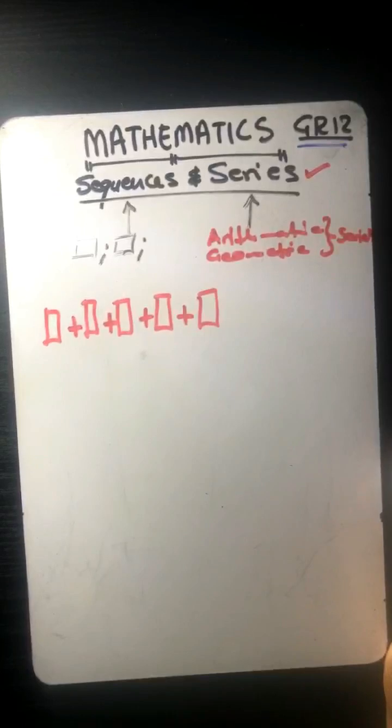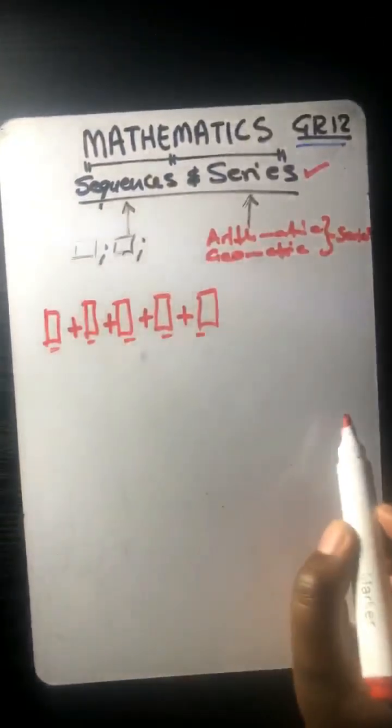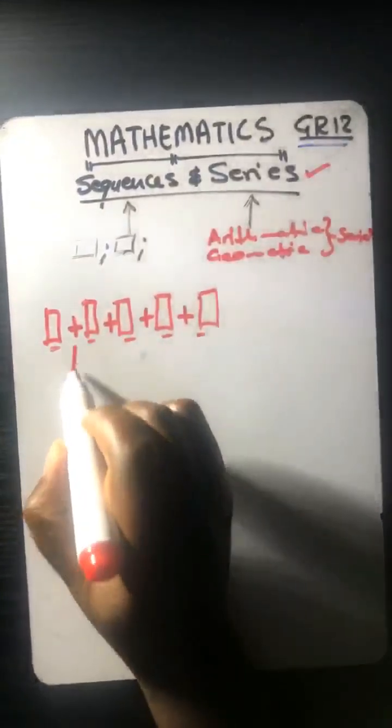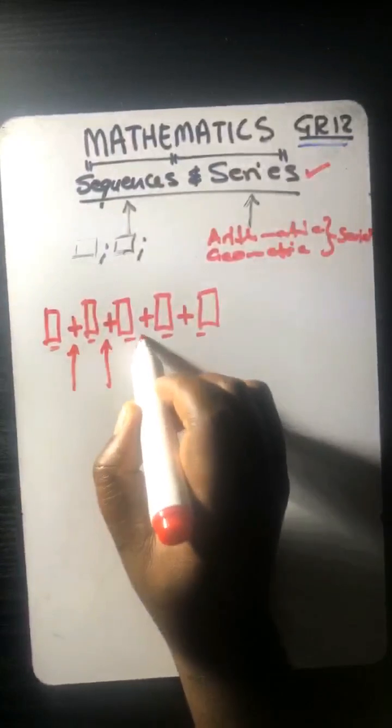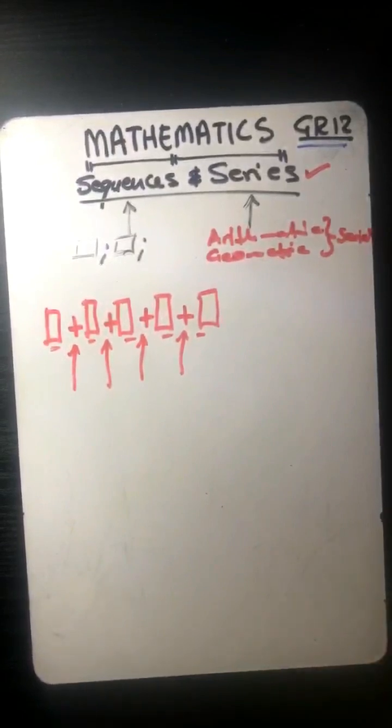It's a very short explanation of what a series is. That is why, the moment you see a plus sign in between the terms or in between the stand numbers, you know you are dealing with a series.